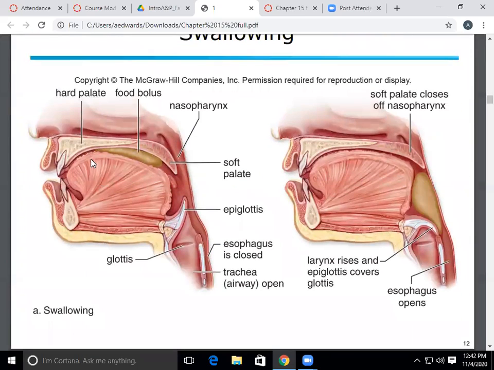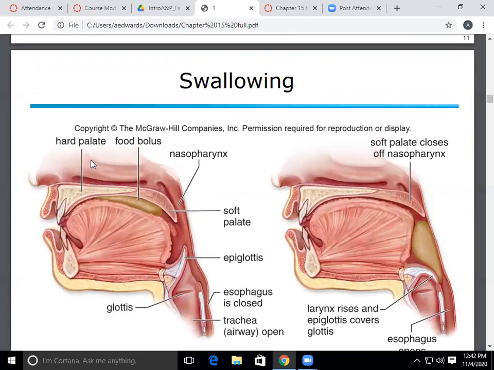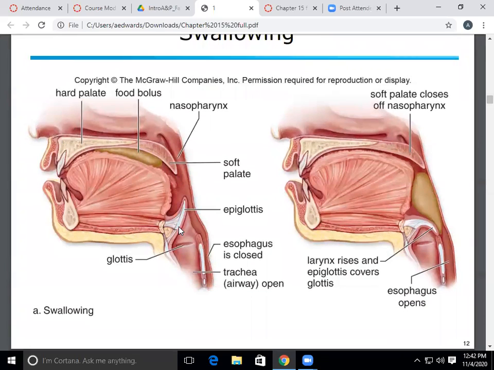All right, so here's the diagram of swallowing. Okay, so here's your food bolus. You're chewing on it. Okay, moving it into your oral pharynx. Okay. So at this time, your esophagus is closed, your trachea is open.